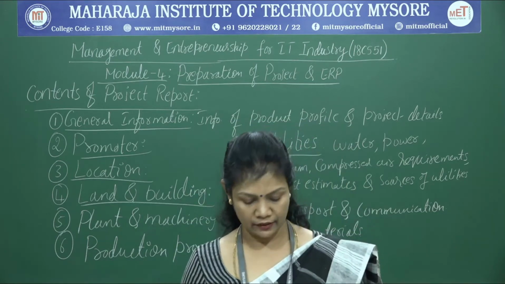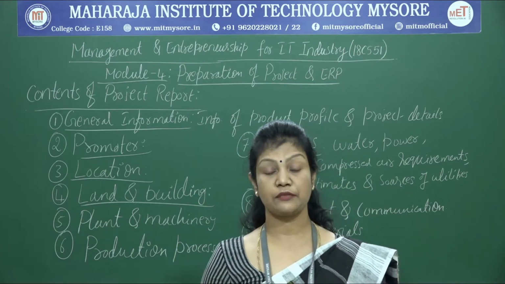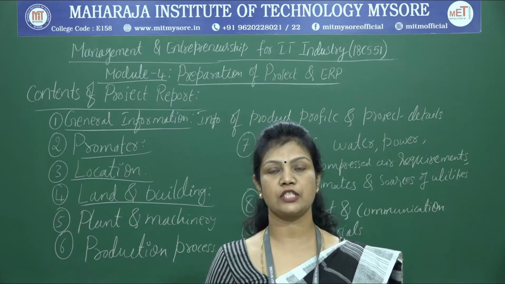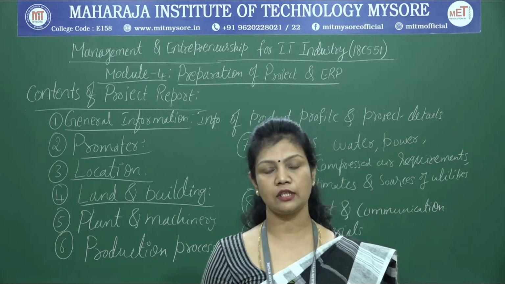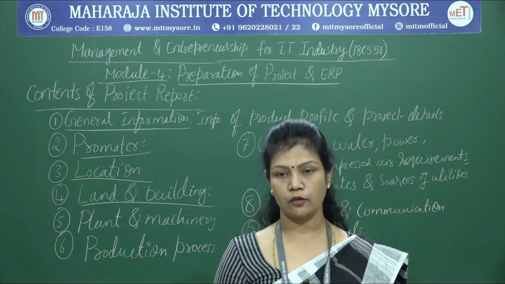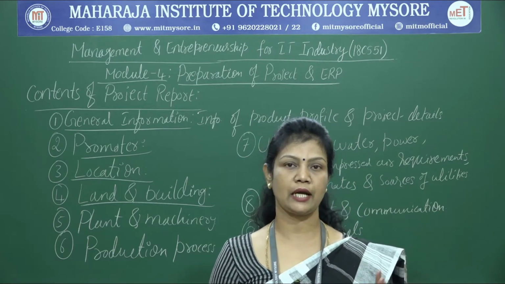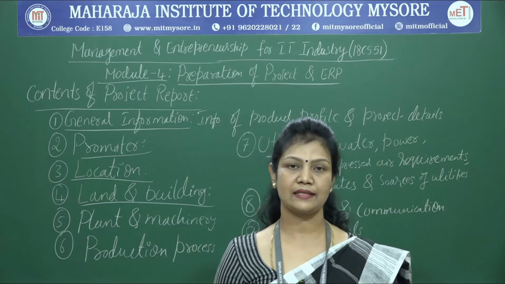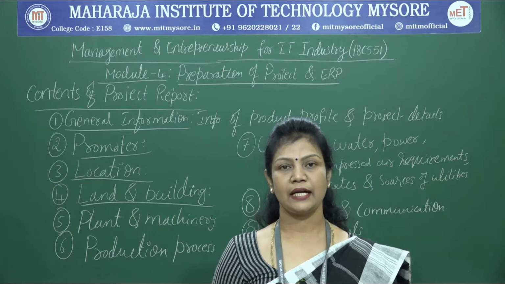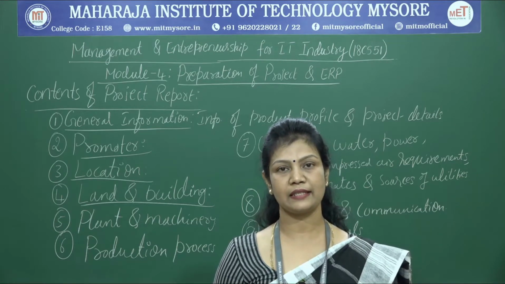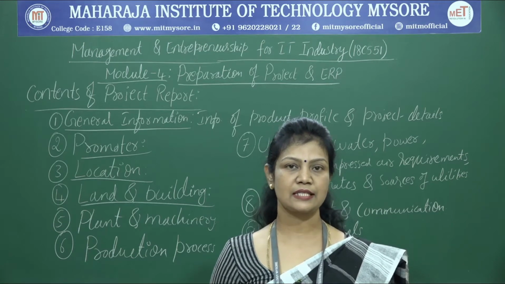Here they have to specify the different types of raw materials which are required for carrying out the production process, and also how much quantity and quality of raw materials they are in need of, what are the sources of requirement, and how they are going to get the raw materials from different suppliers.